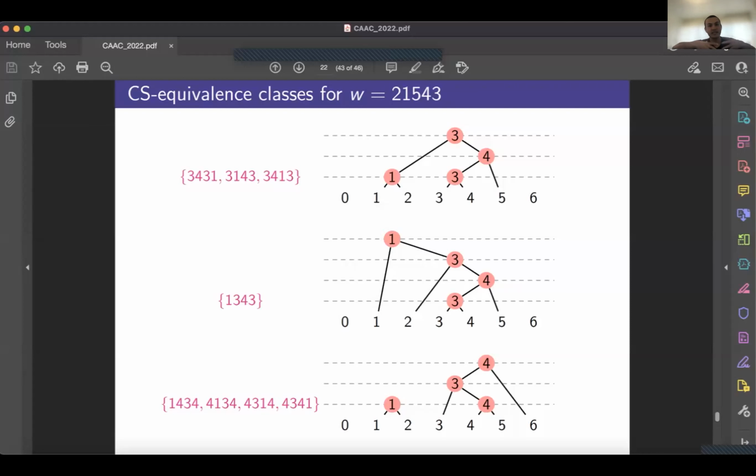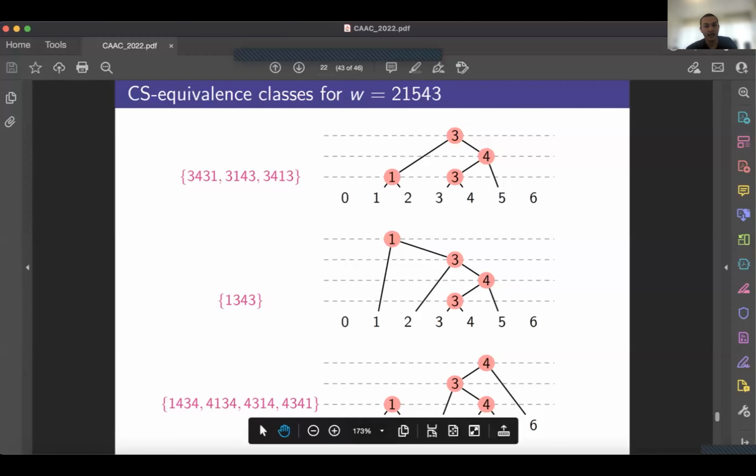So I'm essentially breaking the set of reduced words into the set of linear extensions, each set of linear extensions coming from a particular forest poset. So in this case, you get 3 classes coming from 3 different forest posets. So 3 linear extensions here, 1 single linear extension because this is a linear tree, and then 4 linear extensions from this forest with 2 components below.